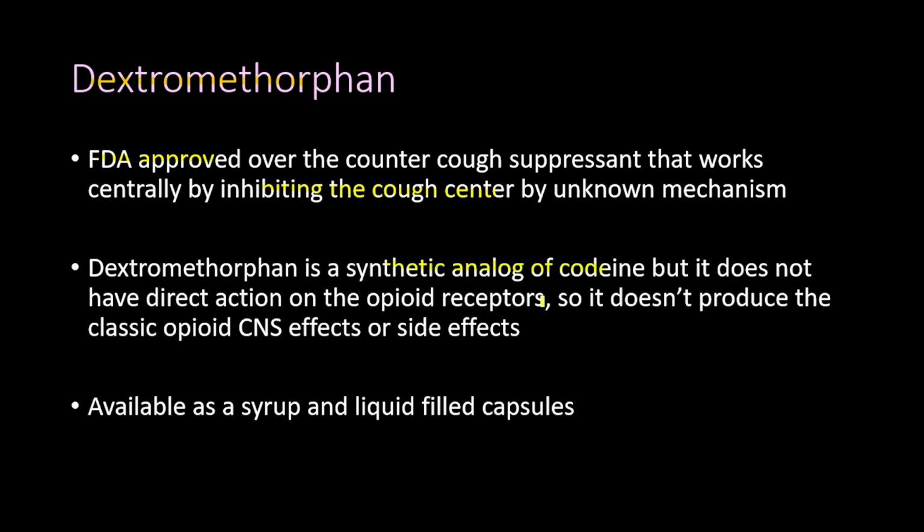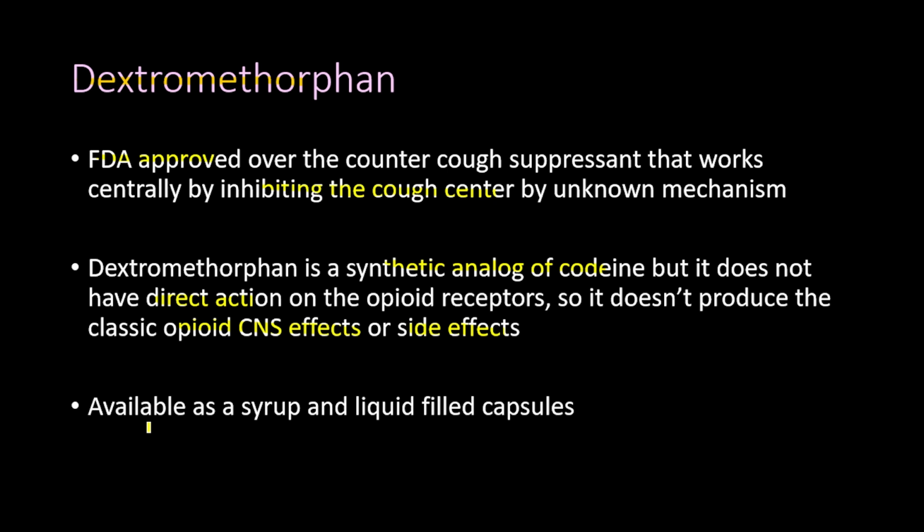Now the codeine is an opioid medication, and opioids in general are famous for having a strong cough suppressant effect. So the dextromethorphan is a synthetic analog of codeine, but it does not have a direct action on the opioid receptors. So it doesn't produce the classic opioid CNS effects or side effects.